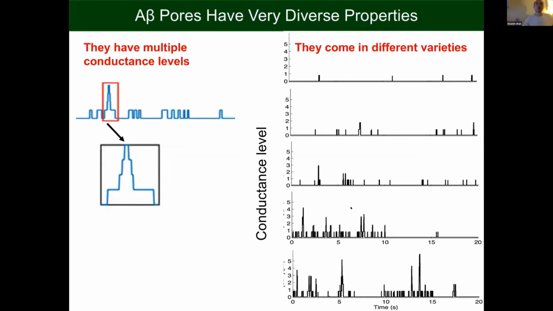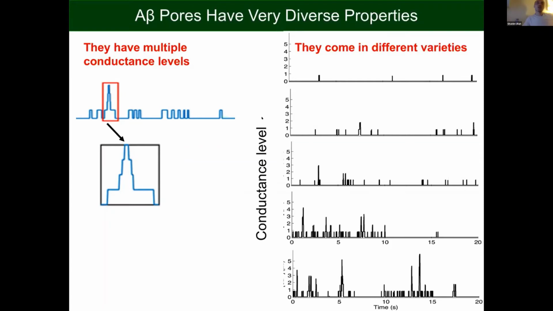If you look at these pores, they actually have very diverse properties. For example, they have multiple conductance levels. In some cases they will go up to 5 or 6 conductance levels. Some would just open to 1 conductance level, others would open up to 2.